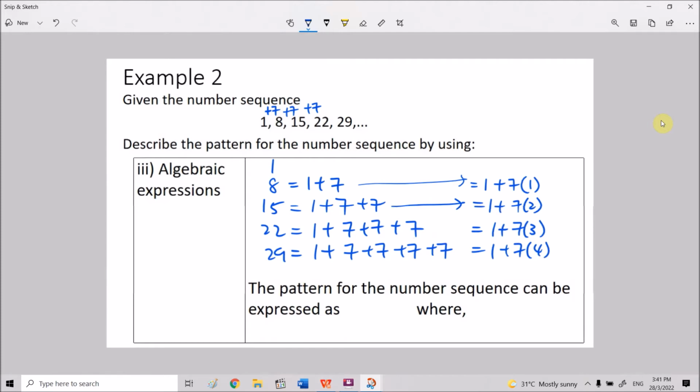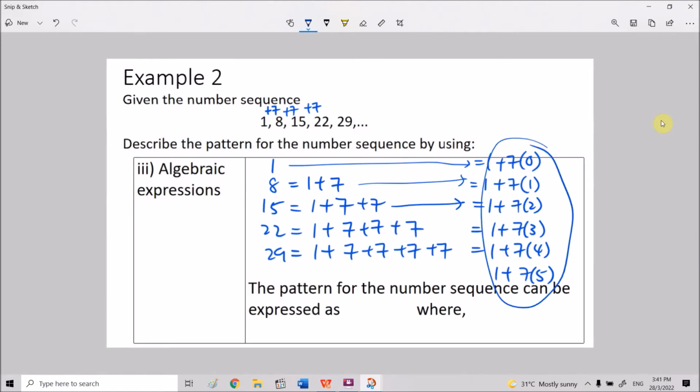If we want to continue, we have 7 times 5 and so on. And back to the 1 here again, 1 is equals to 7 times 0. And now we are trying to write this using the algebraic expression. And you can see that all the terms here is 1 plus 7 is constant throughout the terms. So we write 1 plus 7.